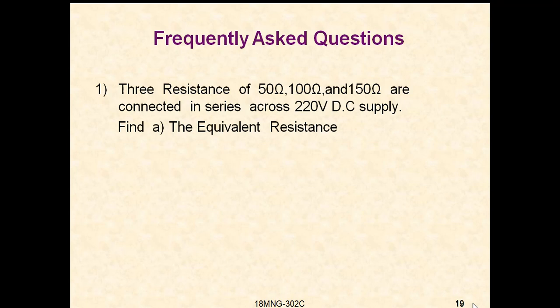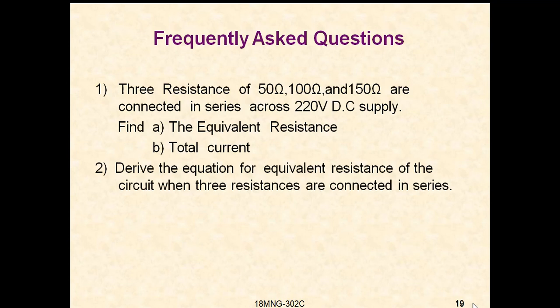Find number A, equivalent resistance, number B, total current. And the second one is derive the equation for equivalent resistance of the circuit when three resistors are connected in series.